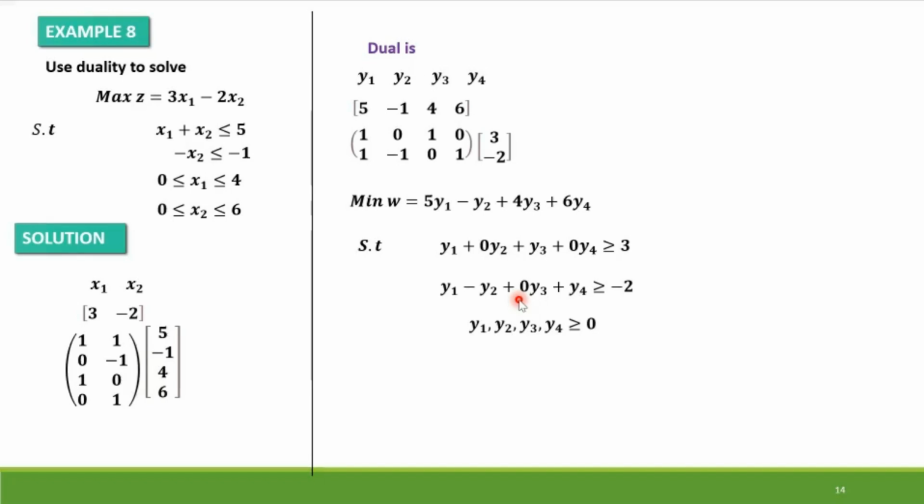So now for applying the big M method or simplex method, the right hand side has to be always positive.